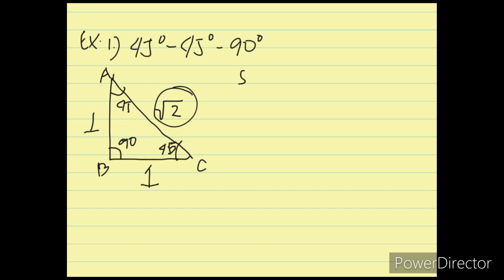So let's try to solve the sine of 45 degree. Based on our formula, the sine is opposite over hypotenuse. So the opposite to 45 degree, or angle C, is 1 over its hypotenuse, which is square root of 2.